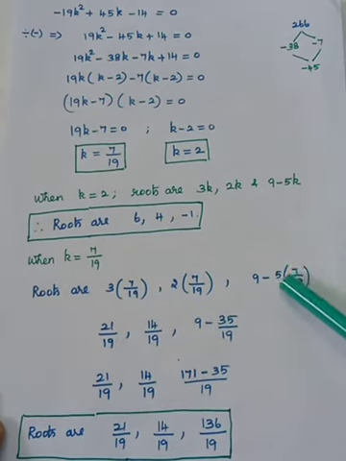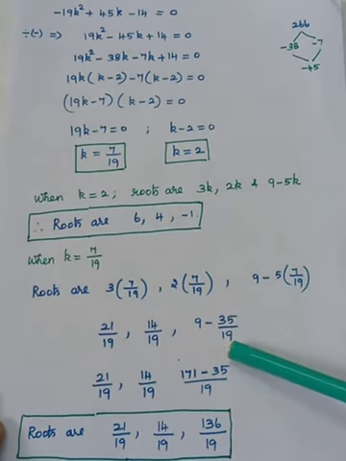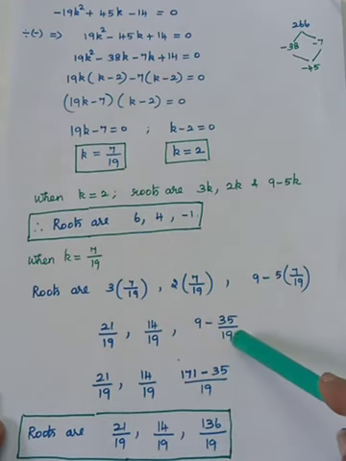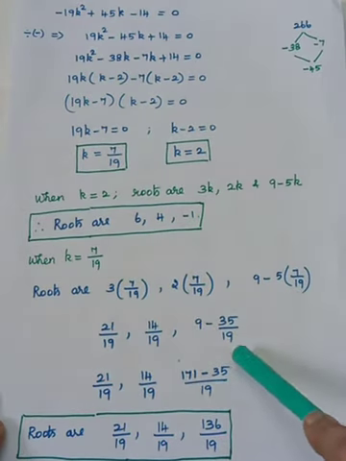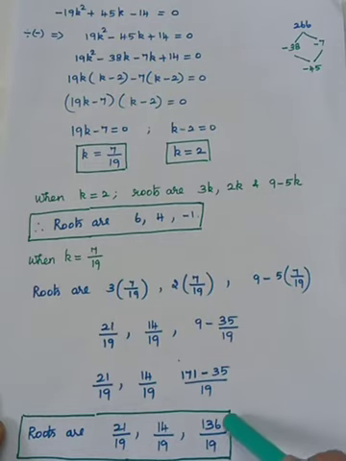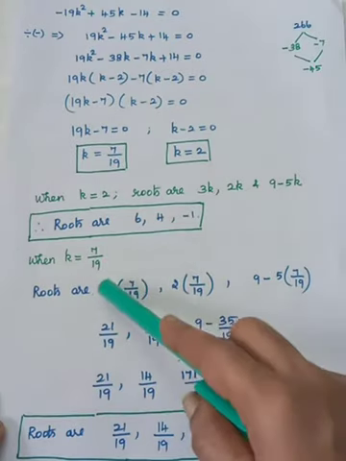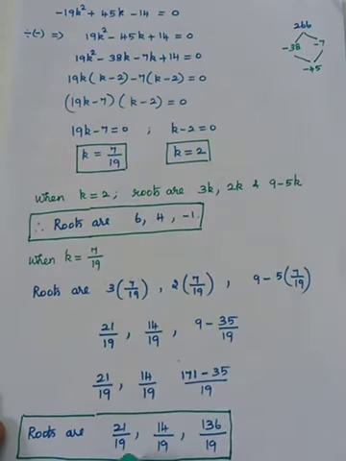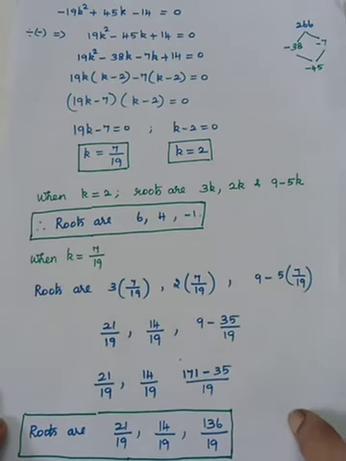Here 9 minus 5 into 7 is 35 by 19. You have to take the LCM, which is 19. So multiply 9 and 19, that is 171. 171 minus 35 is 136. Therefore, the other roots, when k is equal to 7 by 19, are 21 by 19, 14 by 19 and 136 by 19.